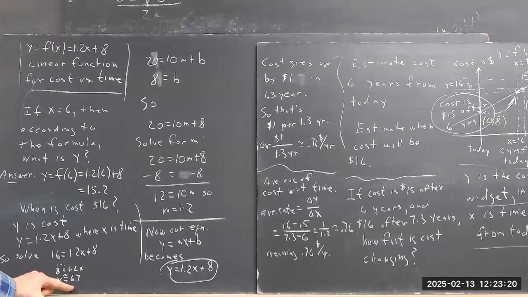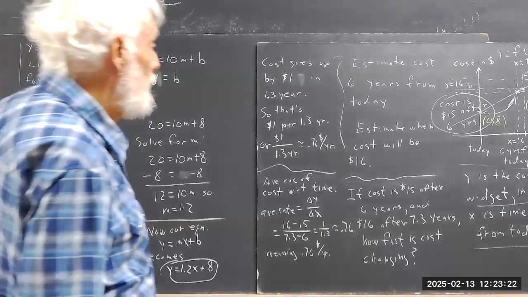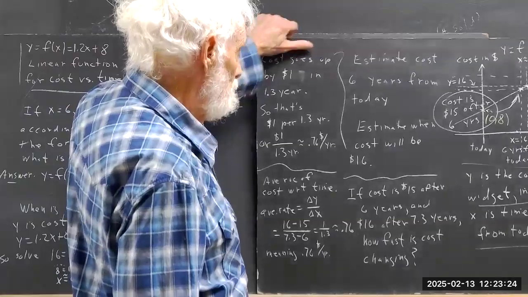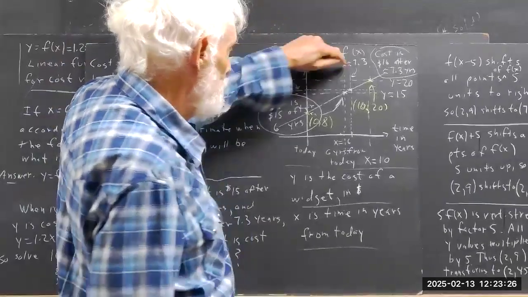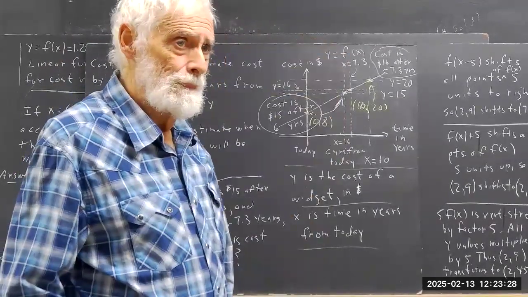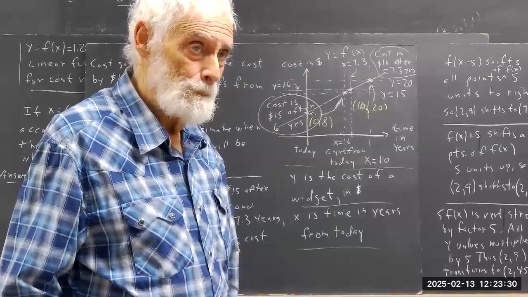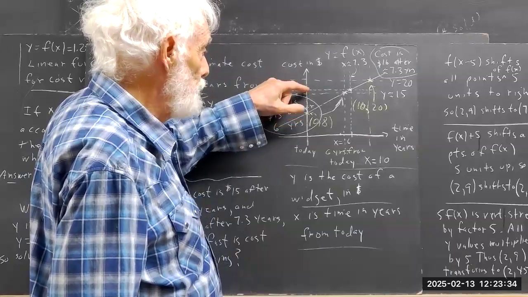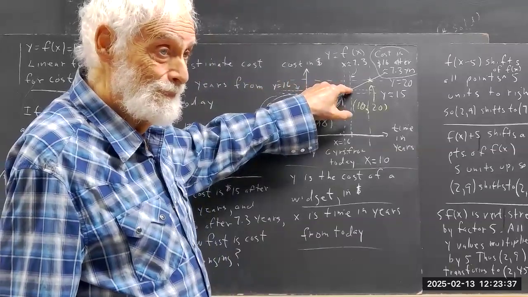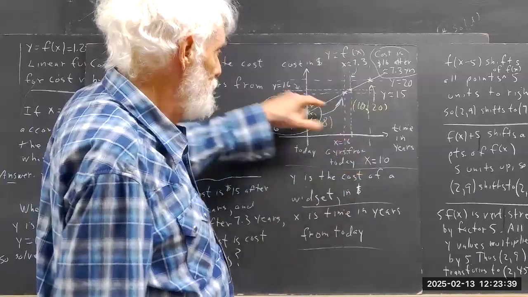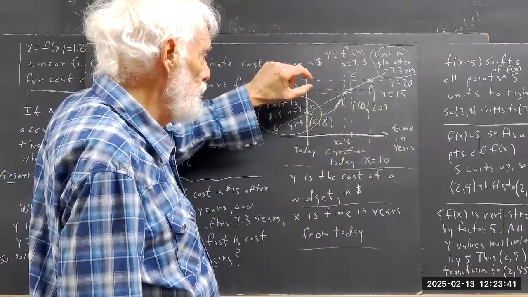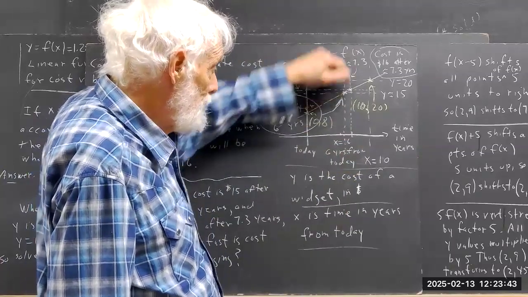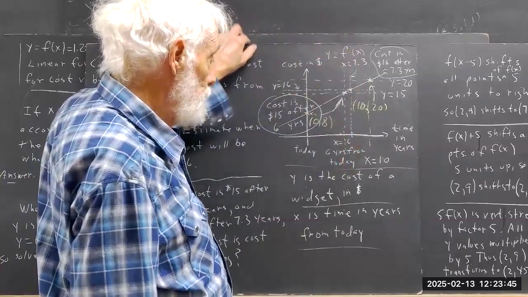Now, over here, when I did my estimate, I estimated 7.3. That depended on me having the right distance between these two vertical lines, and then having the right distance between these two horizontal lines, and then drawing an accurate vertical line.